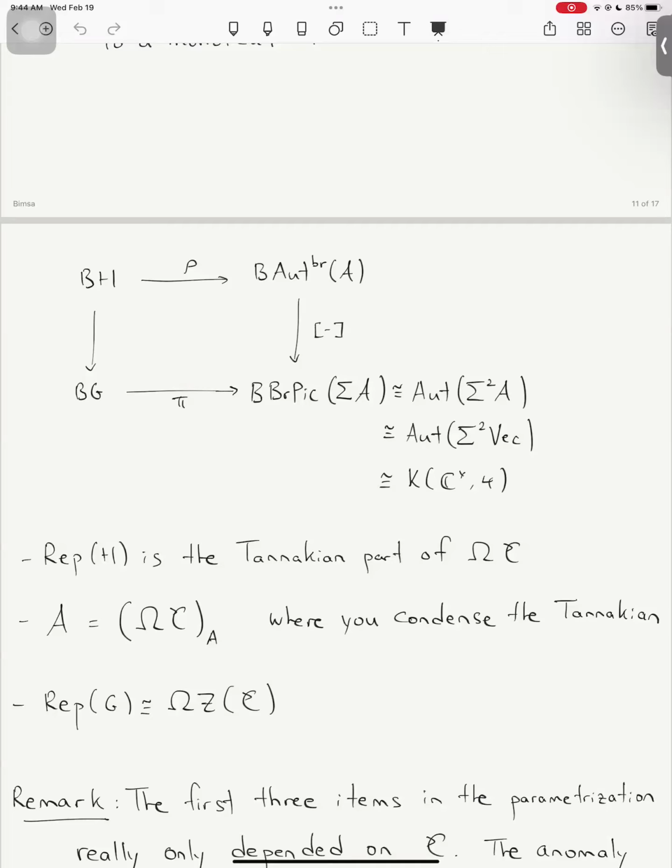So in particular, you could recover the strongly fusion 2 categories and the connected fusion 2 categories in these types of cases where these things are specific fusion 1 categories.